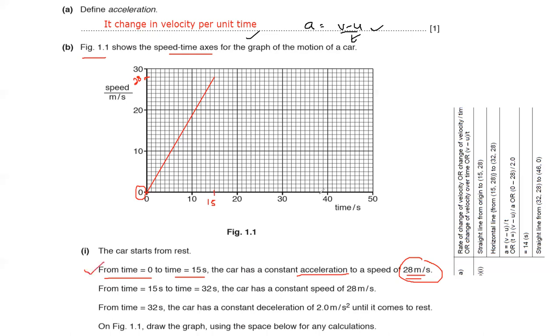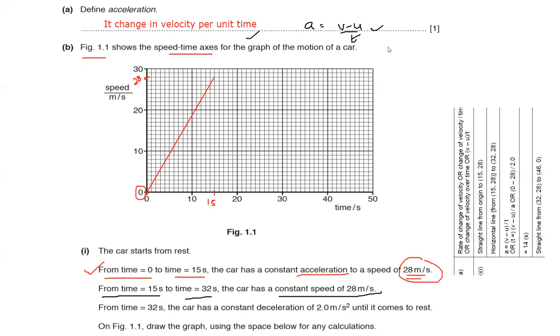From time 0 to 15 seconds, the car has a constant acceleration and reaches a speed of 28 meter per second. Then the second part: for time 15 seconds to 32 seconds, the car has a constant speed of 28. What does it mean?